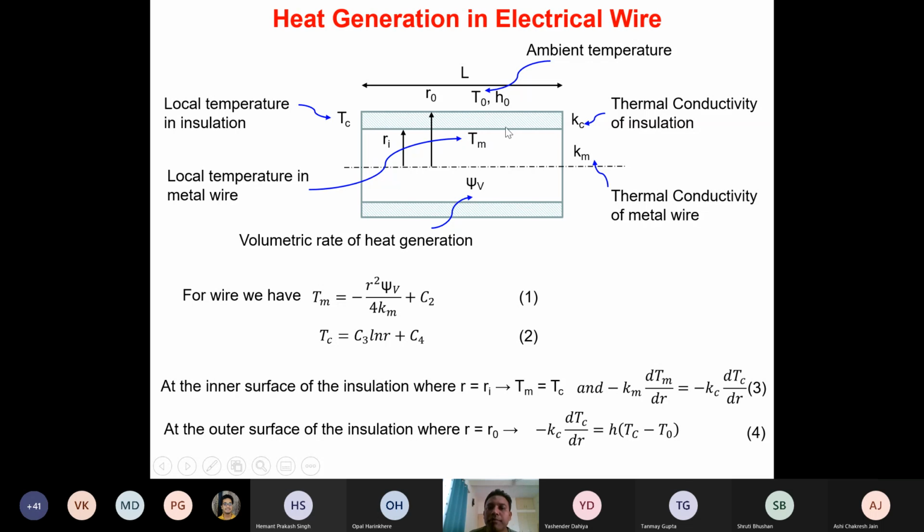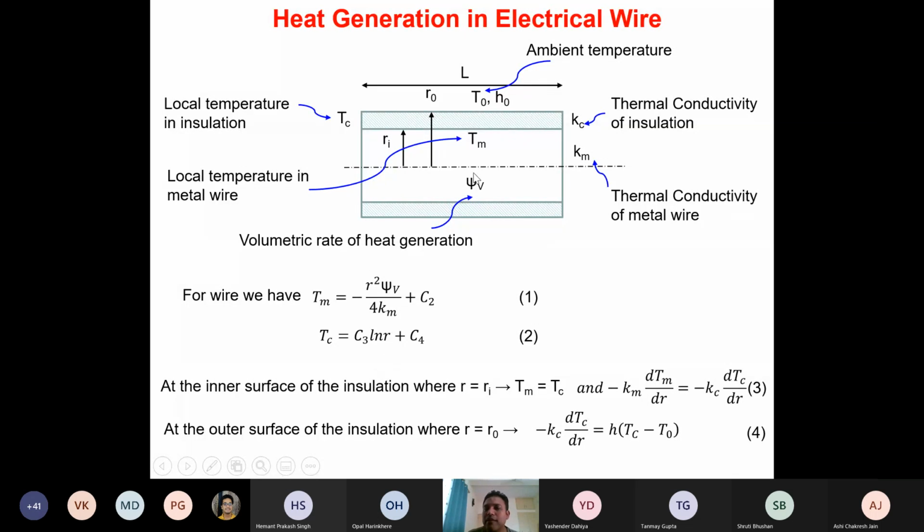There is an insulation of thermal conductivity Kc. Thermal conductivity of the metal is Km, and there is a heat generation taking place which is accounted through a volumetric rate of heat generation psi V. Outside temperature of the ambient is T naught. H naught is the heat transfer coefficient outside, and the length of the wire is L. Okay, so these are the information given.